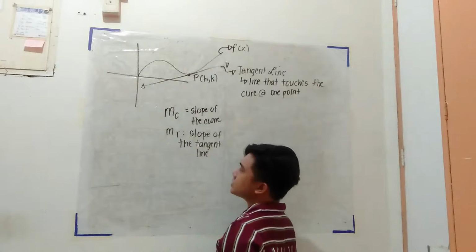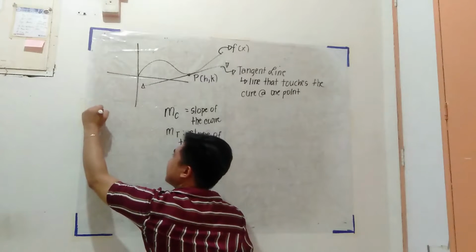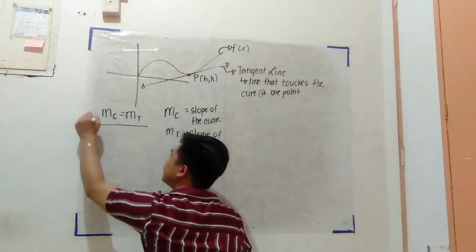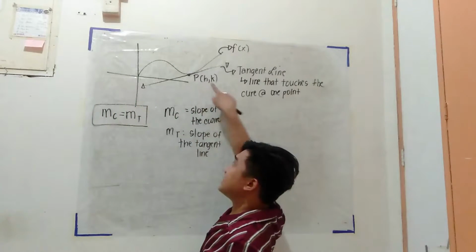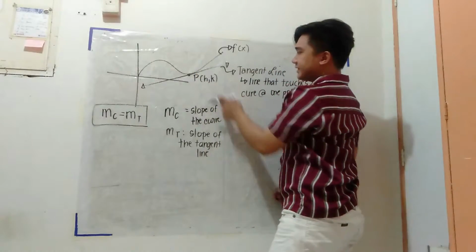The relationship is that the slope of the curve is equal to the slope of the tangent line at point h, k. So, we already know the tangent line.